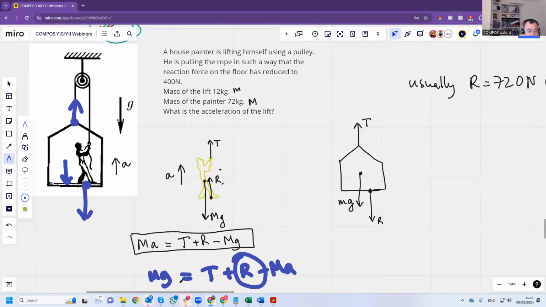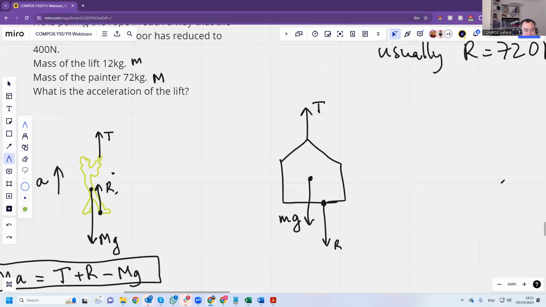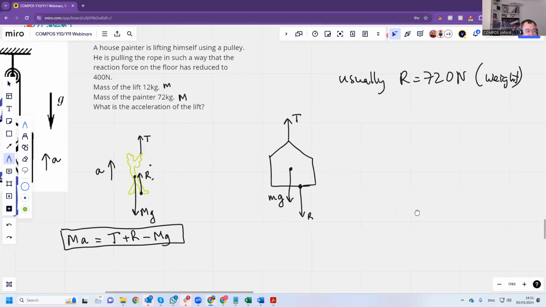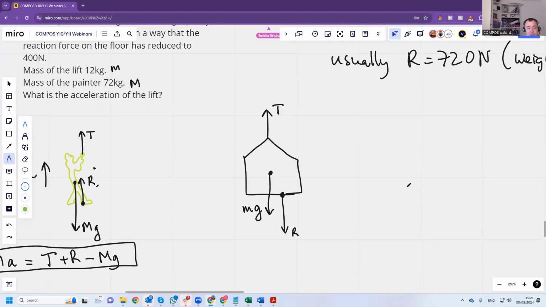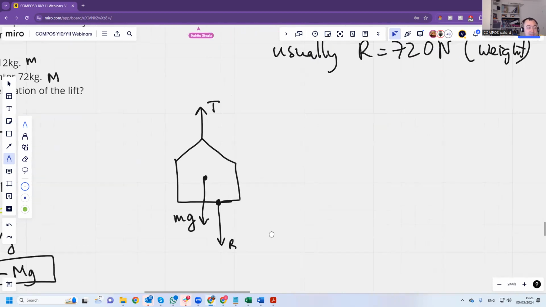So R is a part of mg, or mg is rather part of R. It depends on how you look at it. So we are not forgetting it. It's still there. But we don't consider it as a single object. It's a separate object pushing on us, and we can feel that force.